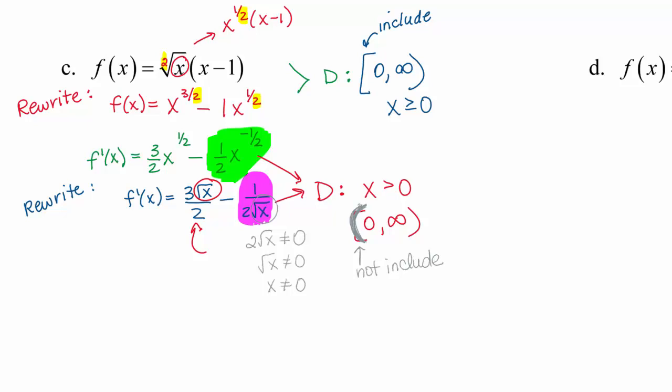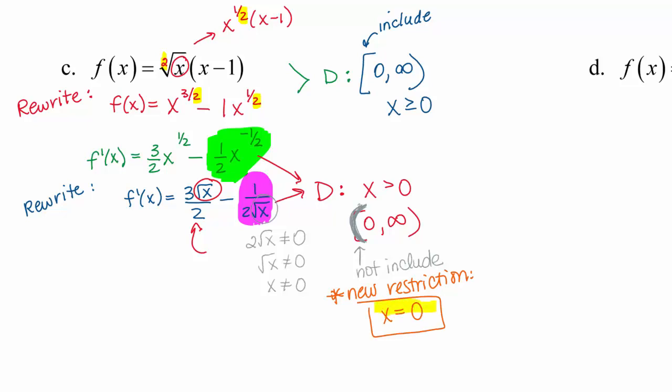And I'm going to delete the "or equal to." It's just x is greater than 0. It is not x is greater than or equal to 0. So I do have a new restriction, and that new restriction is at 0.